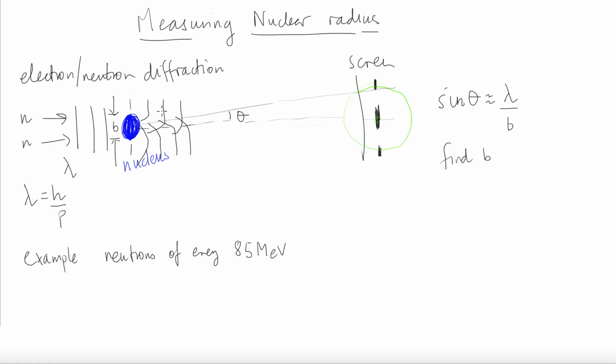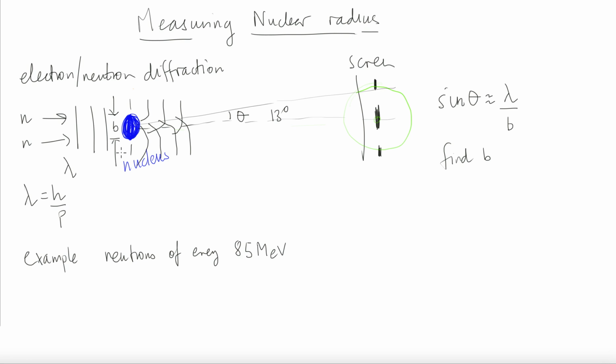We fire them at a foil made of lead and they're diffracted, and we observe a first diffraction minimum at 13 degrees from the central position. Estimate the radius of the lead nucleus.